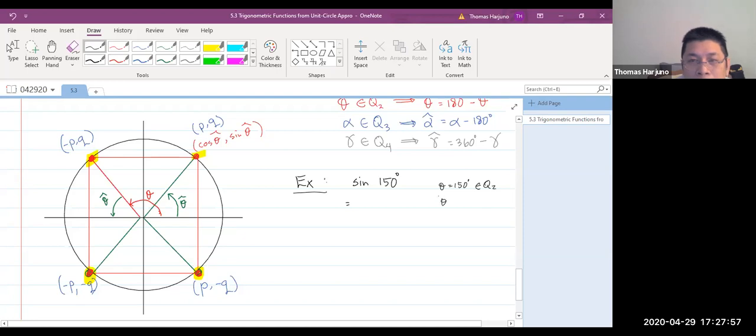Then what is the reference angle? Oh, the reference angle is 30 degrees. So the value of sine 150 degrees must be the same as the value of sine 30 degrees, maybe plus or minus, right? Then we ask ourselves, is sine in quadrant 2 positive or negative? Sine in quadrant 2 is positive. Then what is sine 30 degrees? From my memorization, that's 1/2.